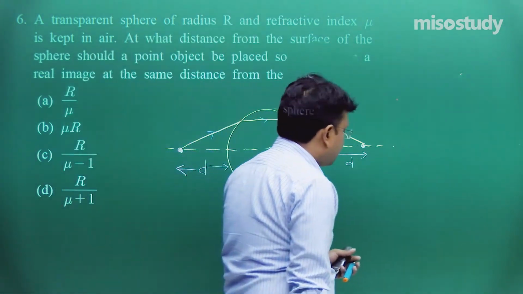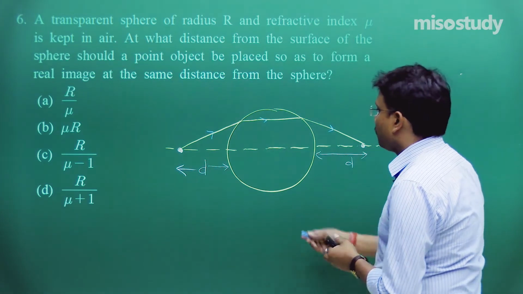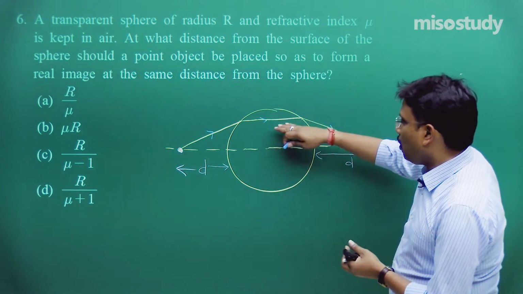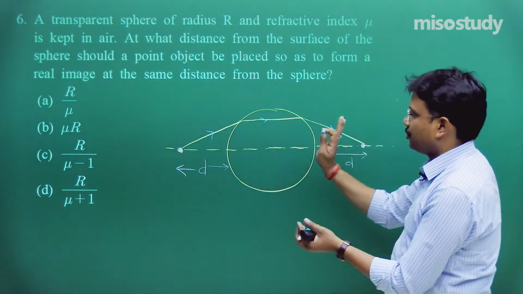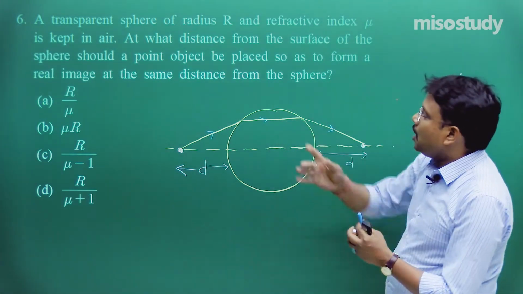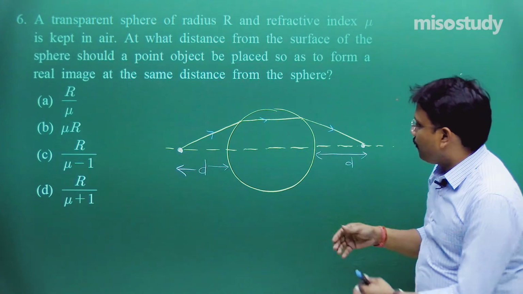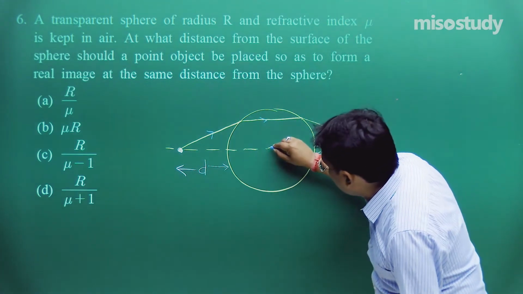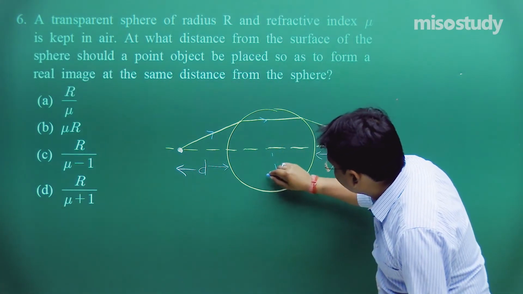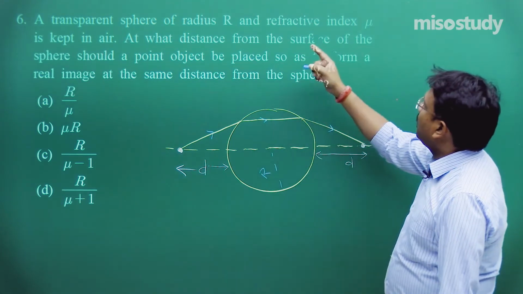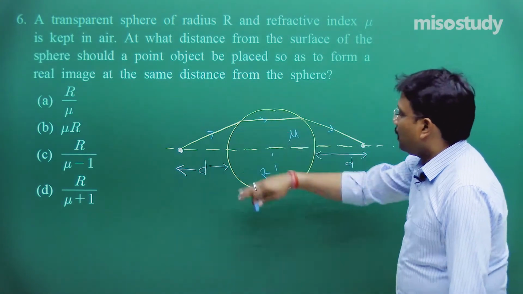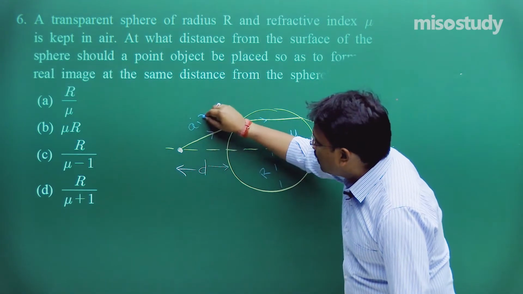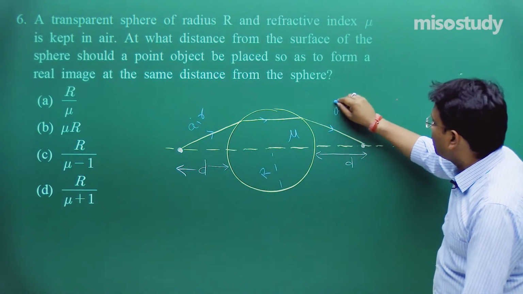Now let us try to read the question once again. I drew this diagram free-handed, so if a line is somehow tilted, please ignore it. A transparent sphere of radius capital R and refractive index mu, kept in air, so this side air, this side air.